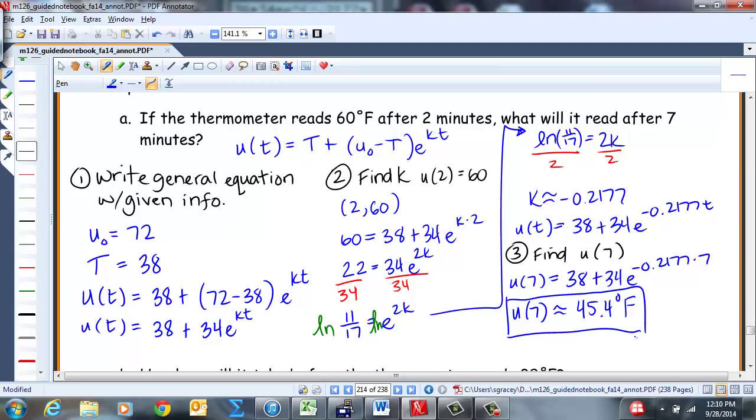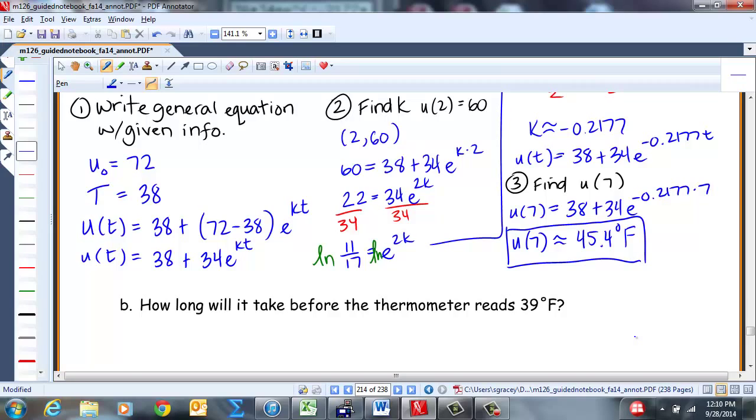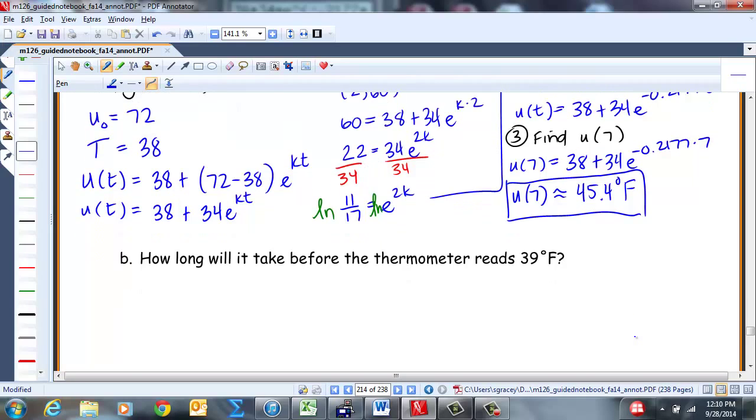Okay, so let's see what part B is asking us. How long will it take before the thermometer reads 39 degrees Fahrenheit? So now we need to find time. So again, writing our general equation, we have 38 plus 34 times e to the negative 0.2177 times t. The information given is that u at t equals 39 degrees, so we need to find t.